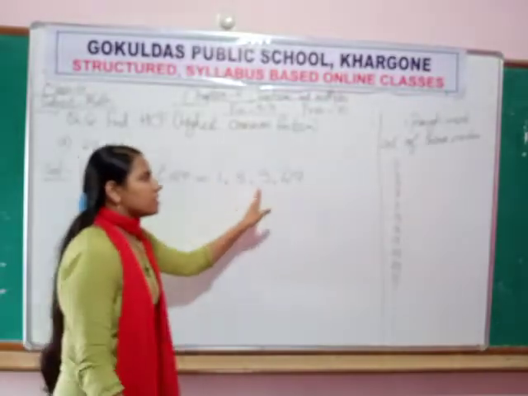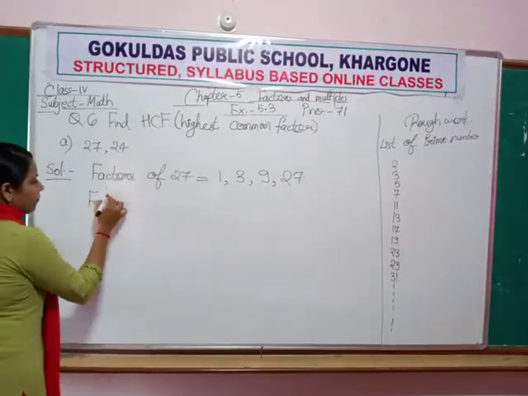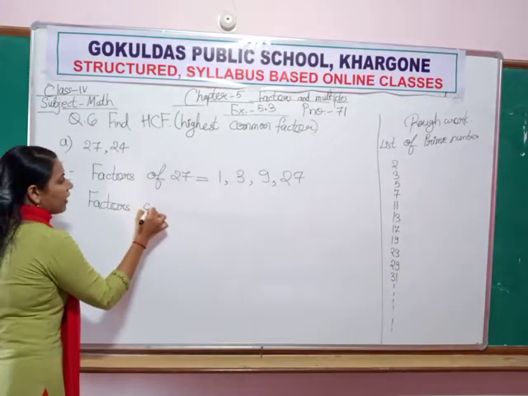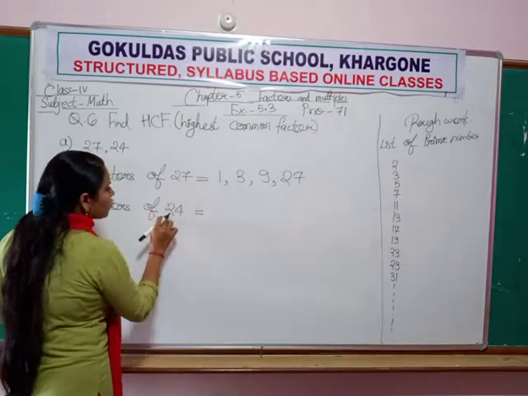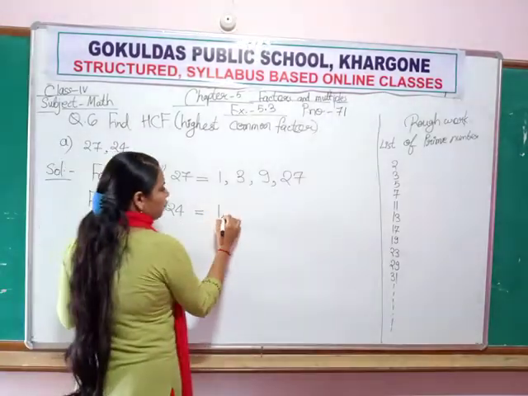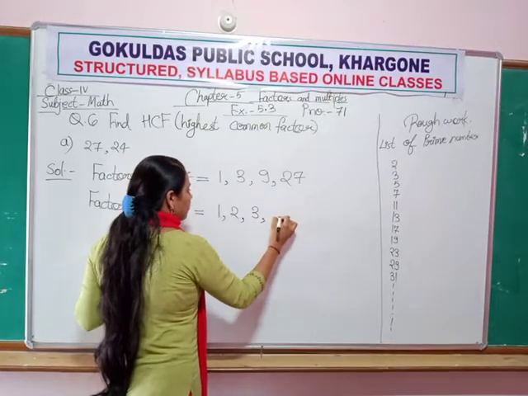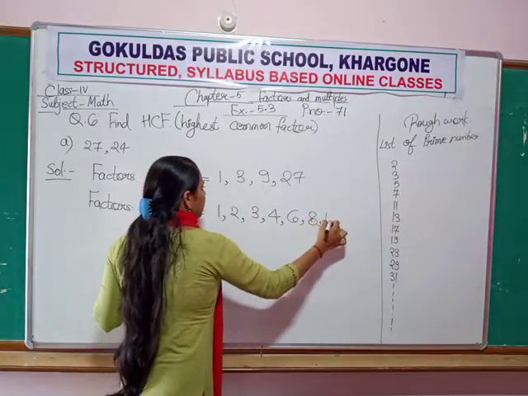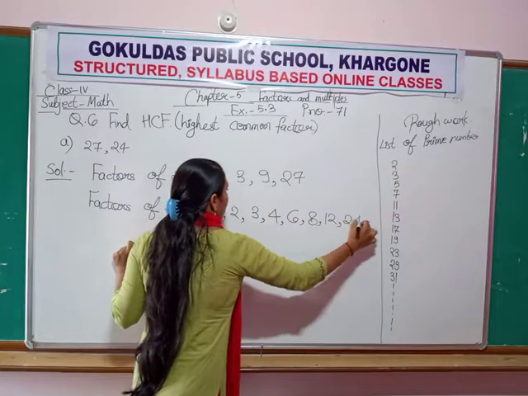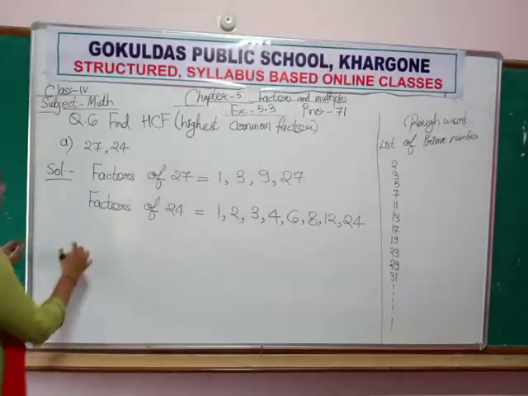These are the factors of number 27. Now write the factors of number 24. So 1, 2, 3, 4, 6, 8, 12 and 24. All these are the factors of number 24.